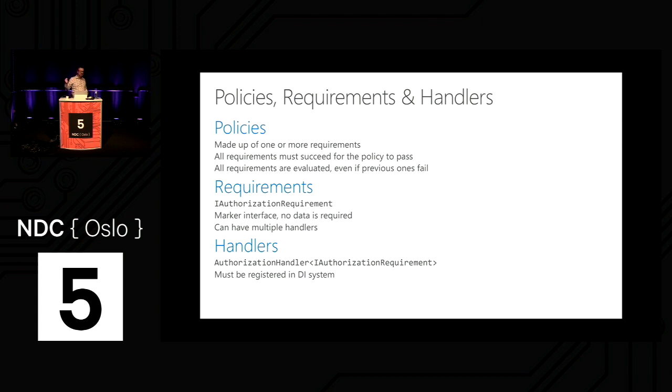But another handler may be that you are wandering around with the temporary badge of shame, which has a really bad black and white picture of you because you left your badge at home. So that's another way to fulfill that requirement. So now we have two handlers. Or you may be a guest that is being escorted, so now we have three handlers for a single requirement. And if any of those handlers succeed, then that requirement has been fulfilled.